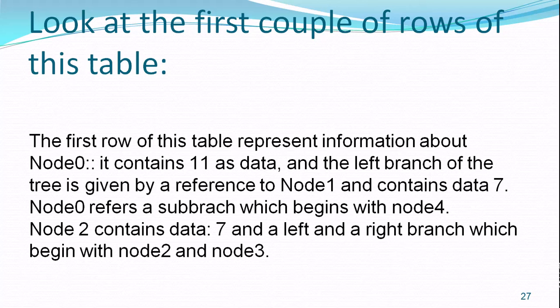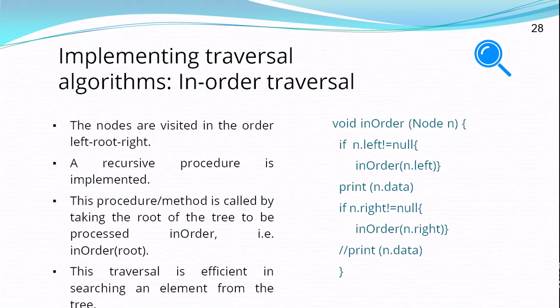And node 0 refers to a, sorry, this is terrible, sub-branch it should be, horrible late night typographical error, which begins with node 4. Node 2 contains data 7, and it has a left and a right branch which begin with node 2 and node 3. So you can probably work out all the fine details.